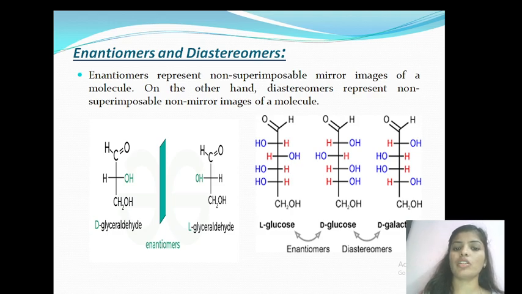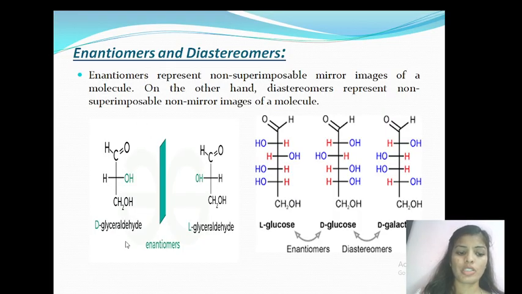Why? Because our right is a left in the mirror and left is a right in the mirror image. So those images are termed as enantiomers. What are enantiomers? Enantiomers represent the non-superimposable mirror images of a molecule.